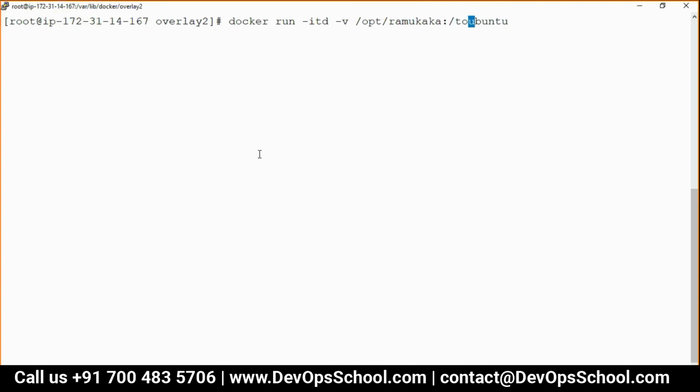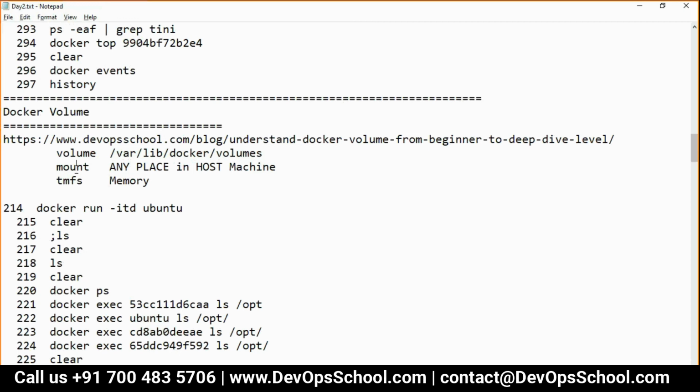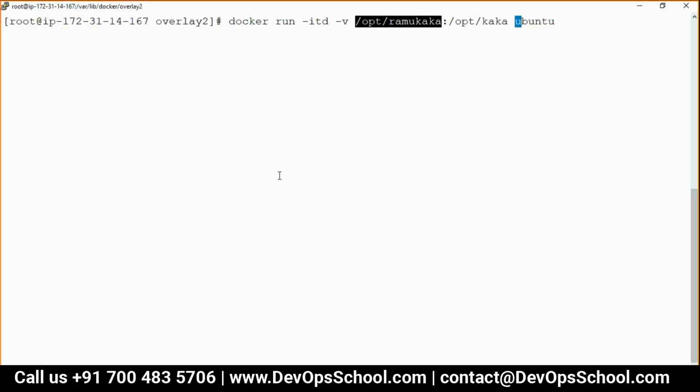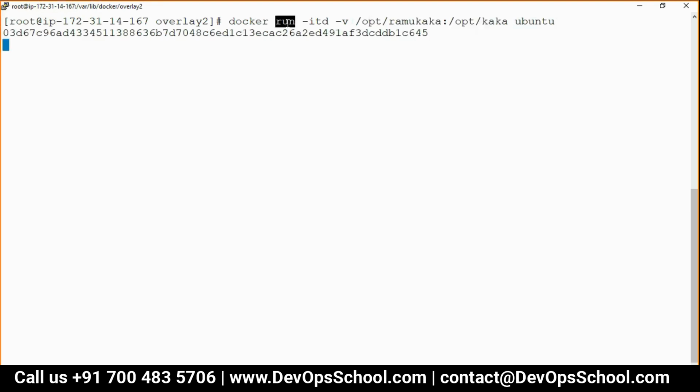Inside a container, opt Kaka. Understand that. I said very clearly, mount means any place in the host machine. It can be NFS also mounted to your host machine. You can keep it over there, no problem. This is inside a container which will be created from the Ubuntu. Run, you know that very well.